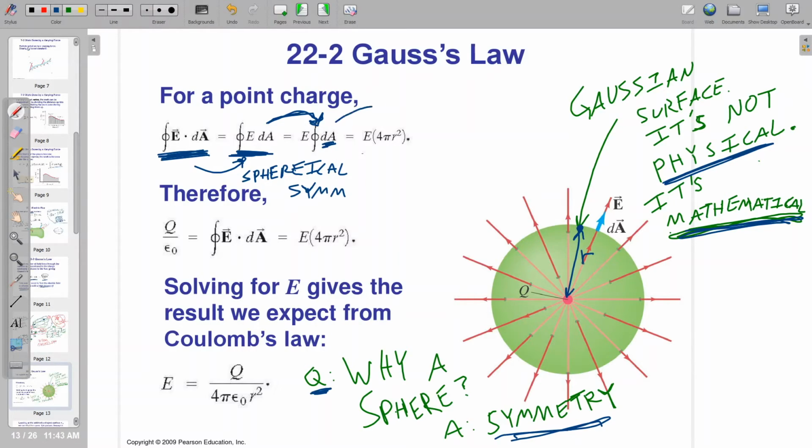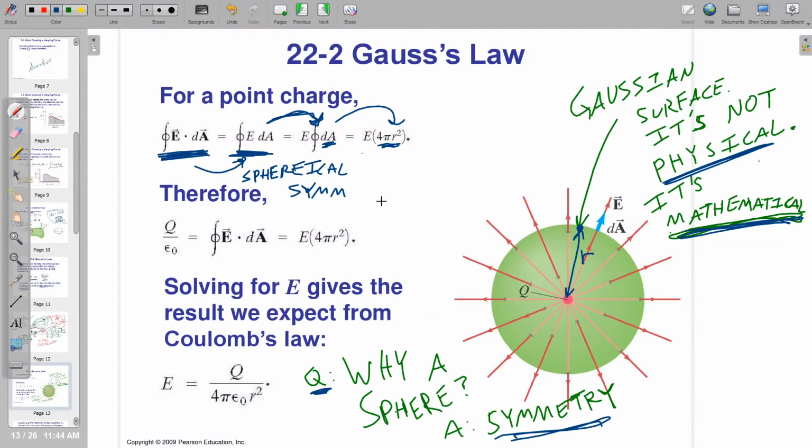Now, what happens from this step to this step? Why does that happen? Because the area of a sphere is 4 pi r squared. My integral over the area that bounds this spherical volume is just the surface area of the sphere.